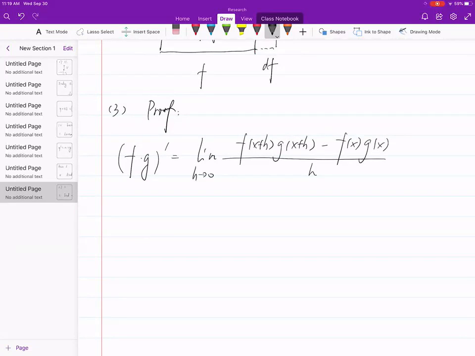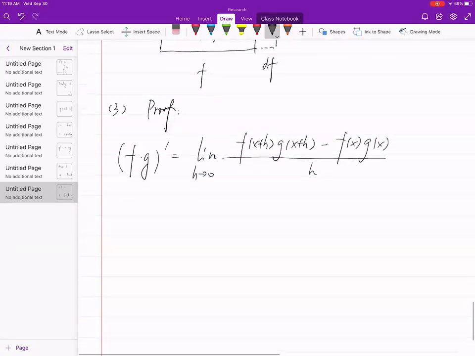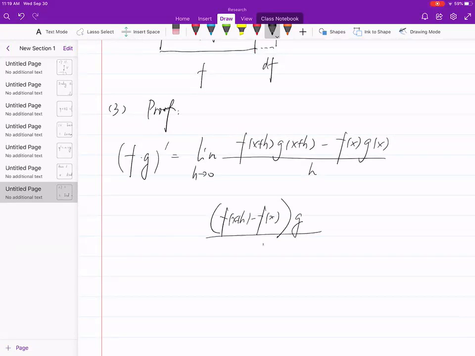Now I want to solve this. I wish I could combine the g, and then I have f(x+h) minus f(x). That's going to be beautiful, divided by h, which means I combine these 2 terms. And certainly after that, I have f prime g. Make sense so far? Okay, good.